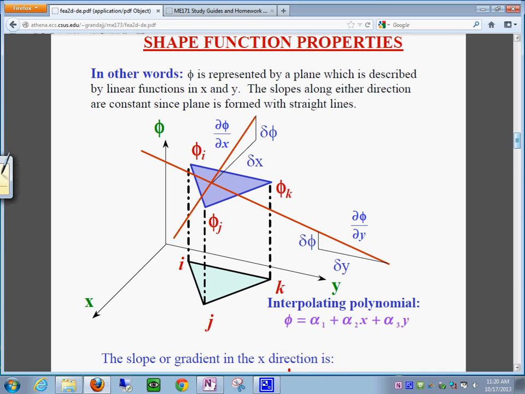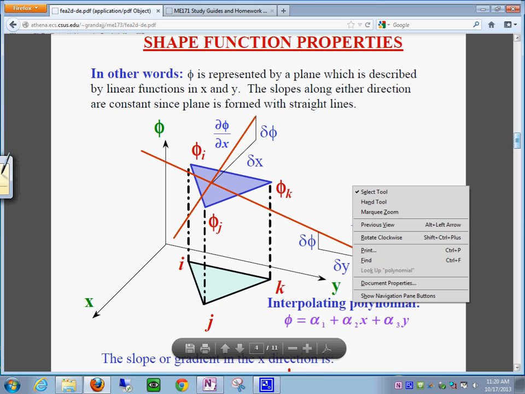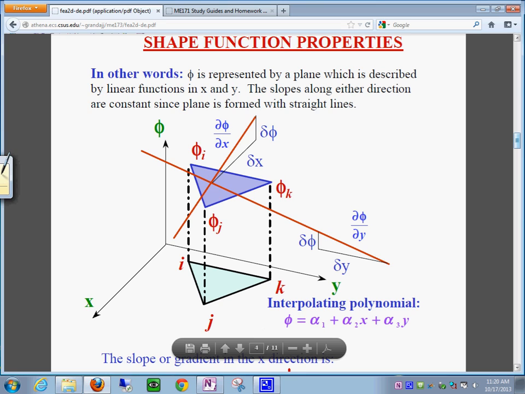So if you interpolate the polynomial that we have, the solution is this one. It's the representation of this plane.